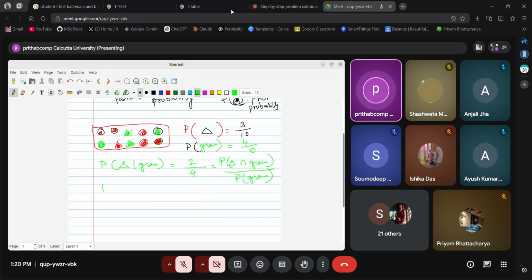Similarly, you can also define the other way, green given triangle, right? This can again be written as the probability of triangle and green, the intersection, divided by the probability of the triangles, right?